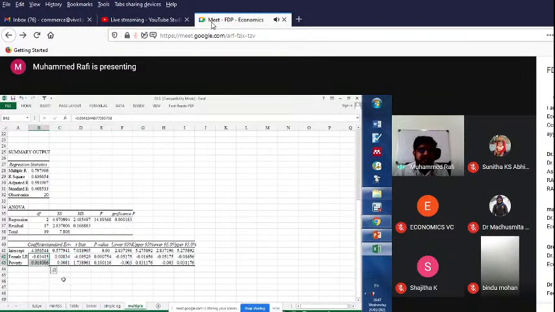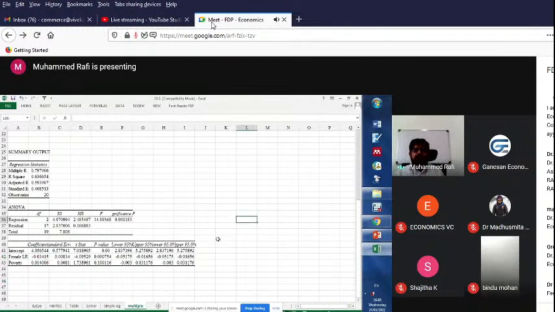These coefficients are the partial coefficients. So this talks about when all the other factors remain constant, and the female literacy rate is increasing by 1 unit, the fertility rate will reduce by 0.034 unit. This is how you need to know that. So these are the partial coefficients.